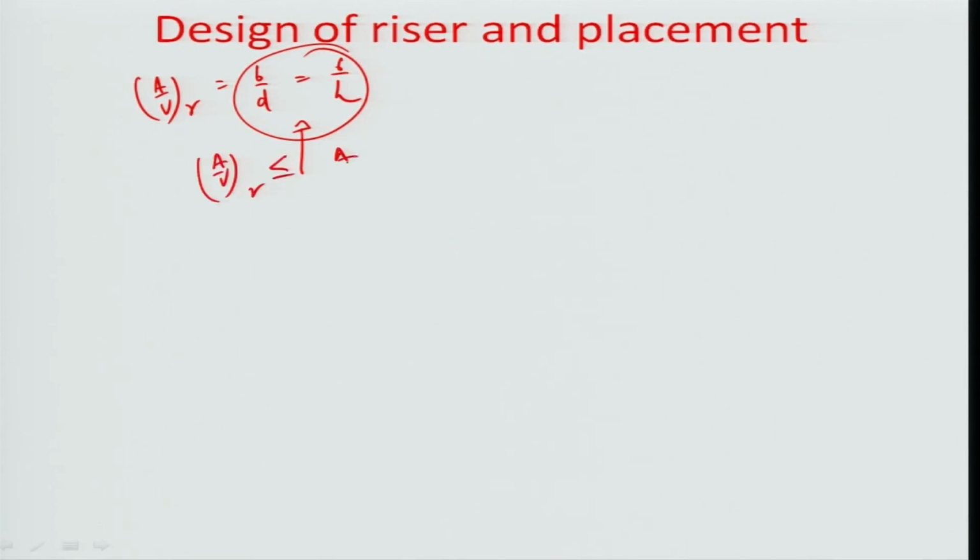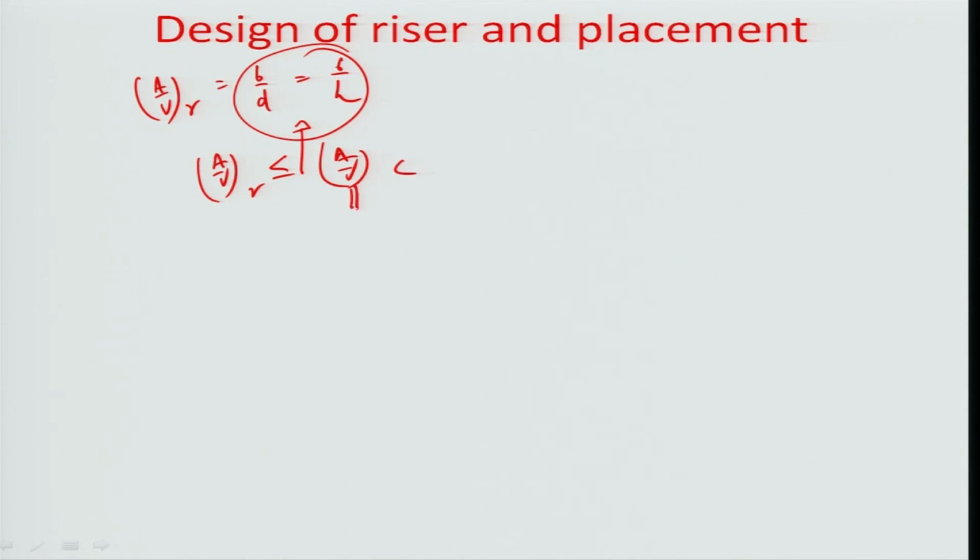So, when we force fit this condition, we already have formulated the area by volume for the riser as 6 by d or 6 by h, which was calculated earlier, but now we have to consider the new dimensions d and h, which would satisfy the condition A by V of the riser less than or equal to A by V of the casting.